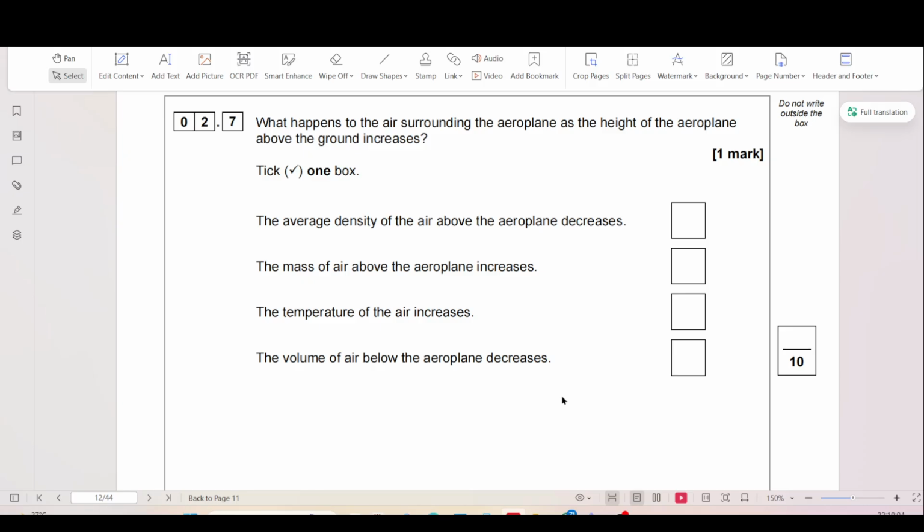No, it's the first one. Average density of the air above the airplane decreases because as we go up, the atmosphere becomes thinner. There are few air molecules in the given volume. That's why we find it difficult to breathe, right? Density decreases as we go up. So it's the first one.